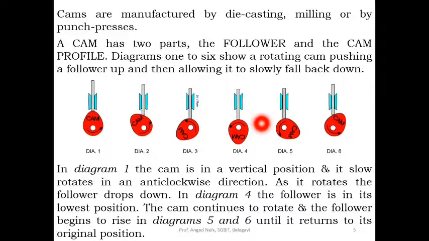The cam continues to rotate and the follower begins to rise as it further rotates in diagrams 5 and 6 until it returns to its original position. Original position is diagram 1. So we started with 1 where there is anti-clockwise rotation of the cam. This continues from diagram 1 to 6 wherein it attains its original position by one revolution of the cam.